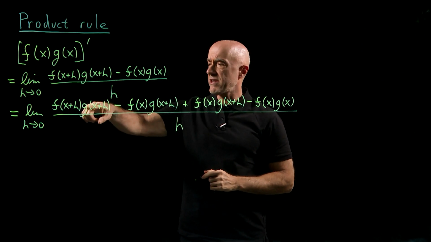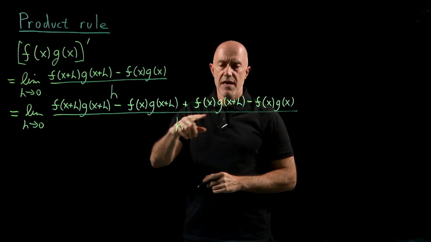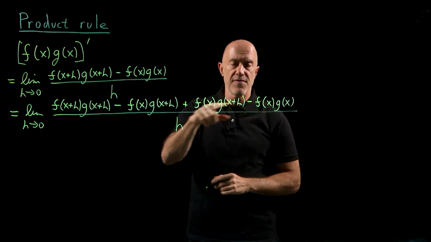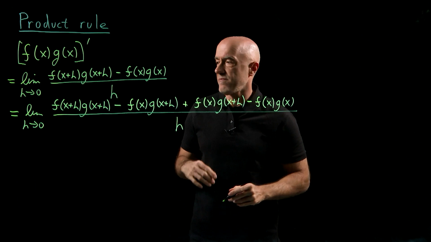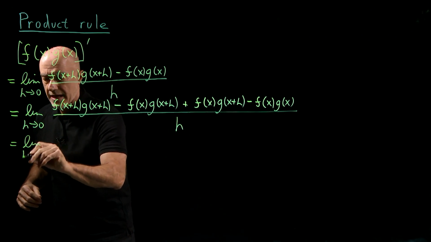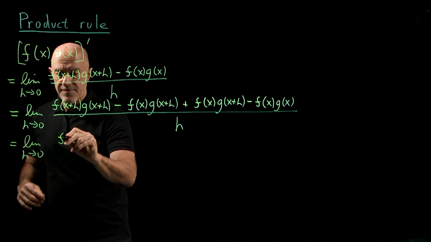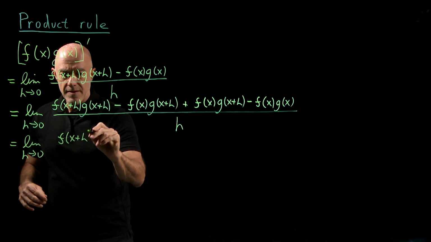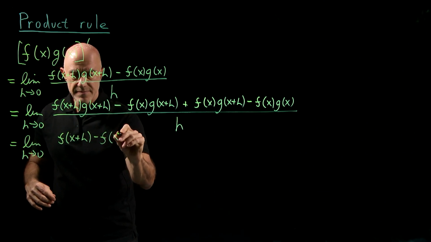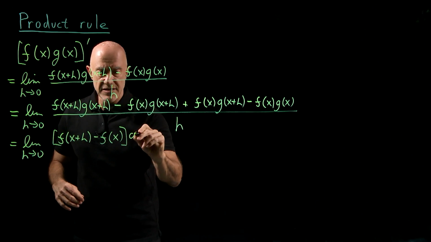But then we see we can factor out g of x plus h from the first two terms, and we can factor out an f of x from the second two terms. So let's write that. So this is equal to the limit as h goes to 0. So we have f of x plus h minus f of x, and that whole thing times g of x plus h.